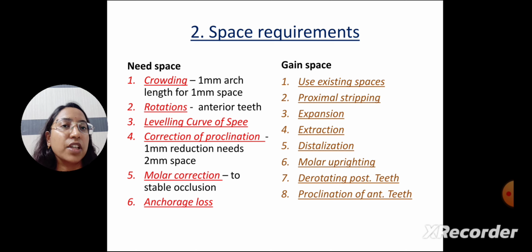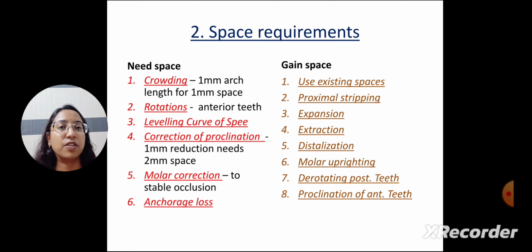So once we are planning where the incisor is supposed to stay, we have to measure our space requirements. Certain conditions in the arch require space, such as crowding. Crowding basically suggests an arch length tooth material discrepancy.